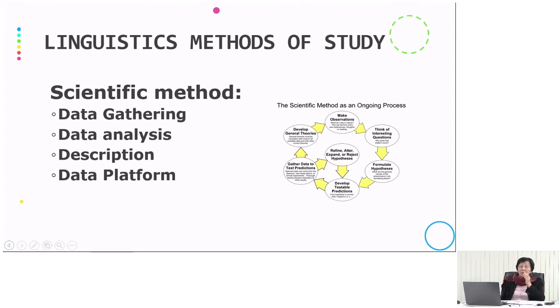We are going to understand more about scientific method, right? I'm sure that some of you have learned about scientific method before. Let us confirm together here that the scientific method is the way or the method that we make it scientific. What does scientific method involve? It involves the fact.